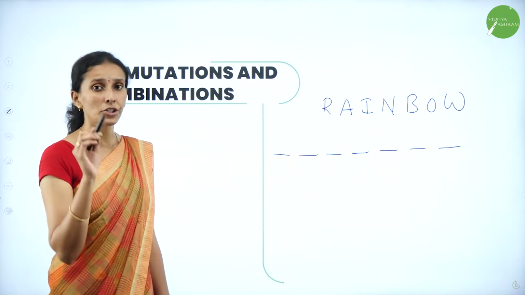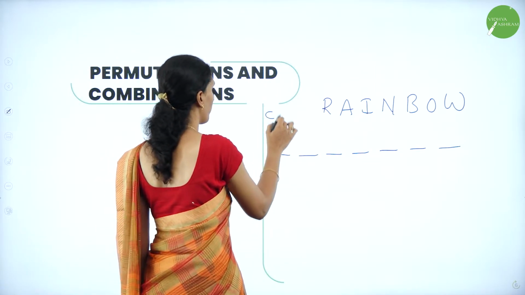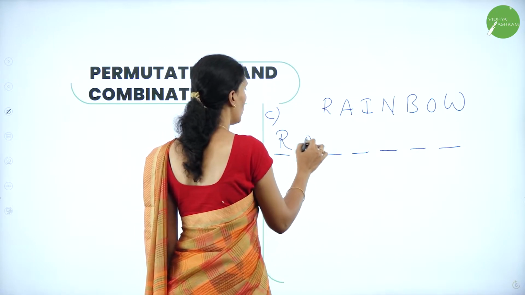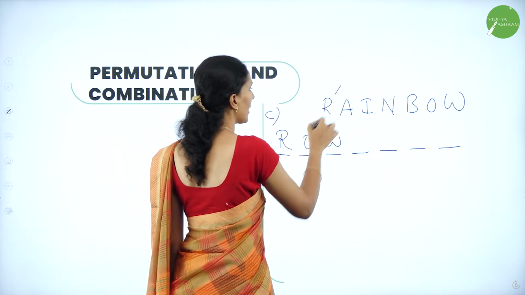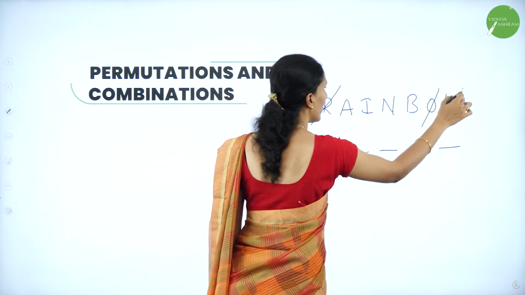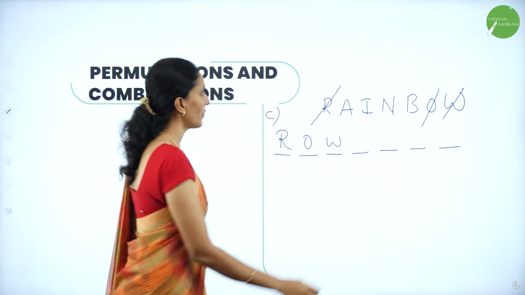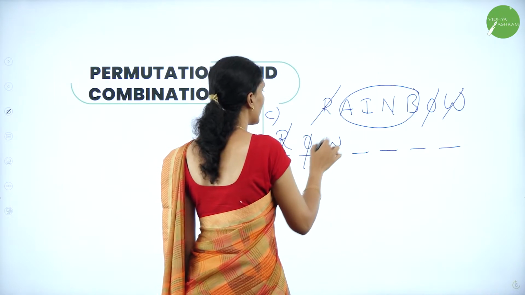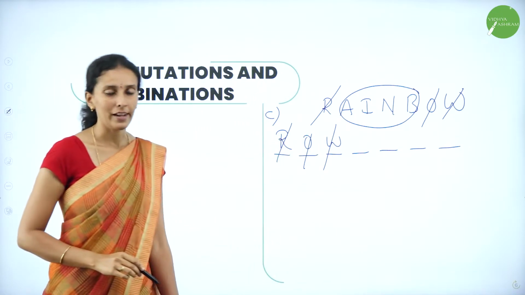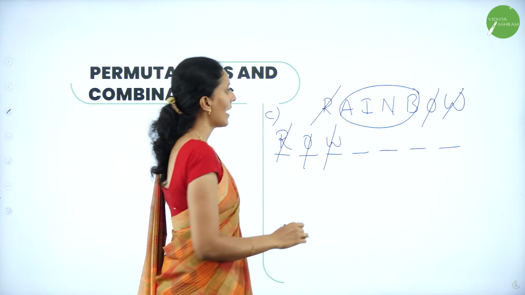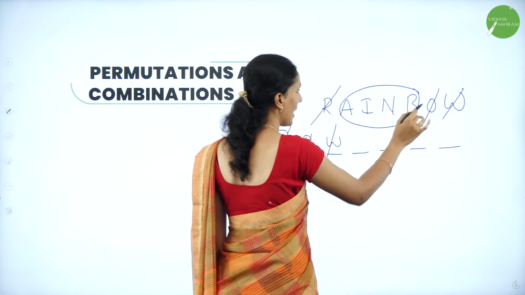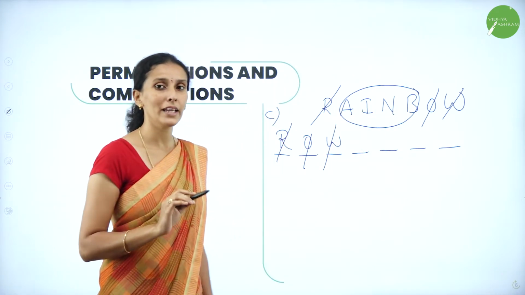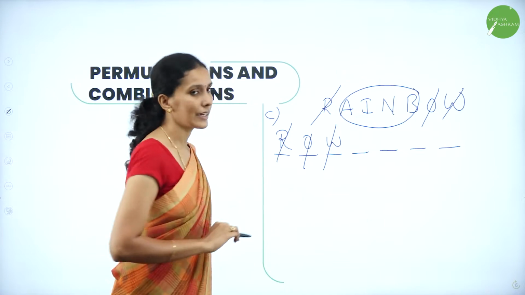It should begin with row: R, O, W. So I cannot take R, O, W in count. I am left with these letters now. So this cannot count for arrangements. I can arrange only A, I, N, B. A, I, N, B can be changed in order and arranged.